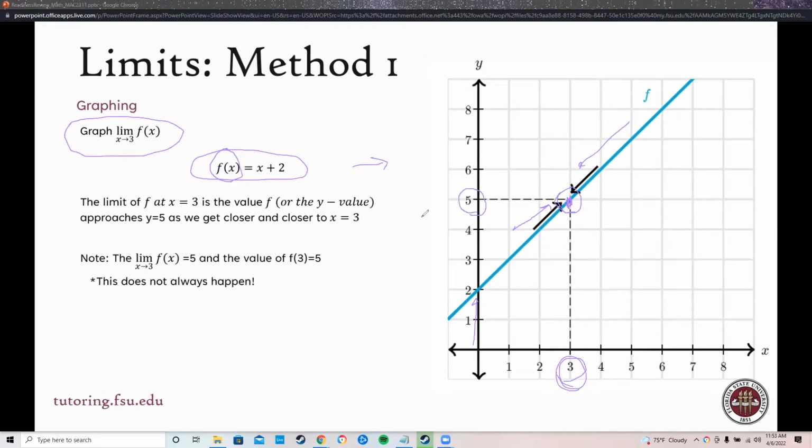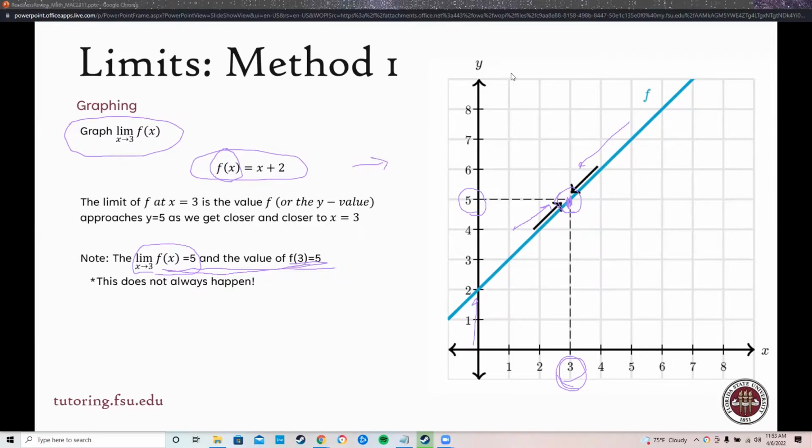Therefore, we say that the limit of f of x as x approaches 3 is equal to 5. And we know that the value of f of 3 is equal to 5. This does not always happen. Even though in this case these are both the same, they might not always be the same. You're going to see some examples of that soon.